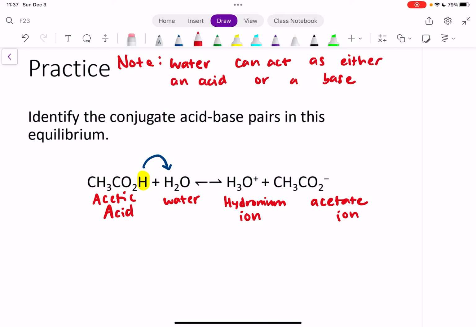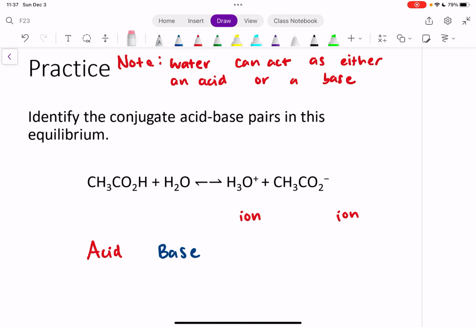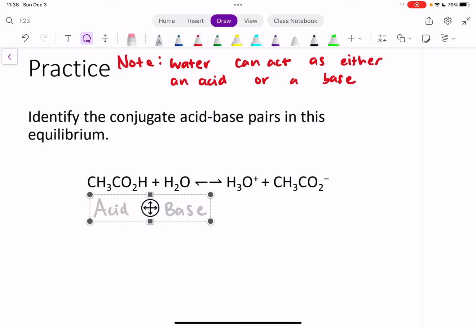All right, so we said acetic acid is donating a proton to water, which means water is accepting a proton. So this one's our acid. This one's our base because it's accepting that proton. And what does that mean about the right side of the equation? Well, let me clean some of this up a little bit so we have a little bit more space.